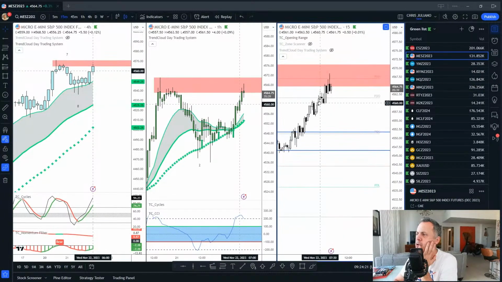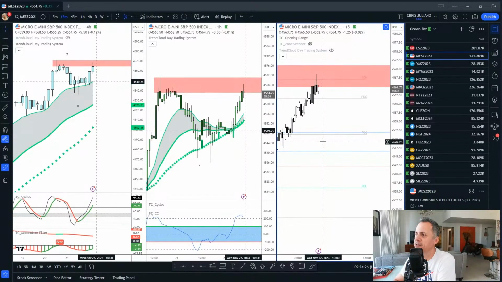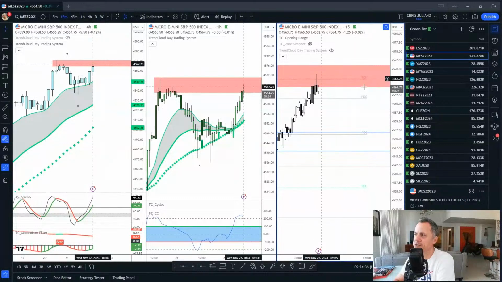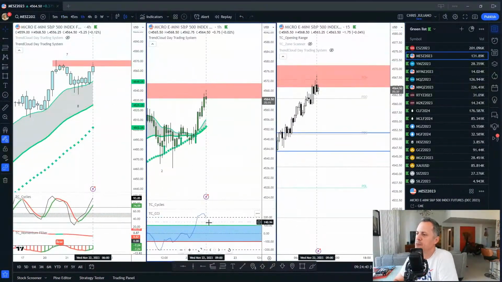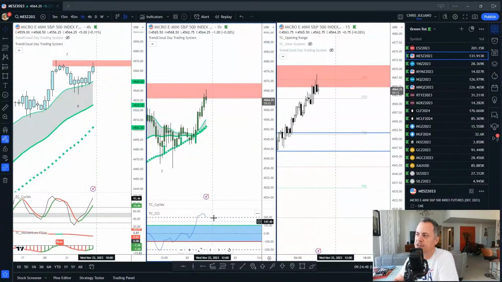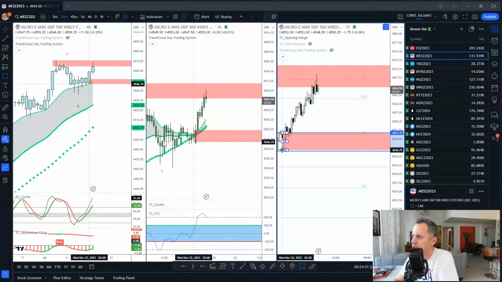If we're trying to go long, then if we get a pullback into the opening range today, maybe a short trade, a scalp trade back up into this area, as long as the momentum stays above positive 100 on that CCI indicator. This is the CCI indicator here, and we like to take pullbacks like this. Let's say this is a demand zone down here, which it kind of is.